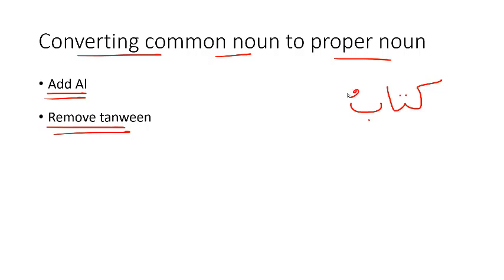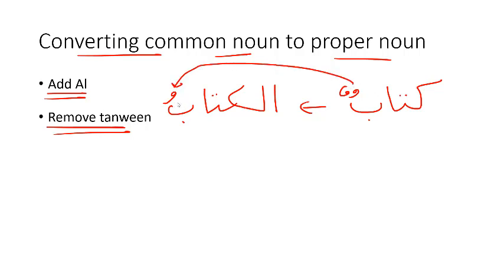Kitabun is a common noun. This refers to a book or any book. If I want to refer to a specific book, then I'll add al in the beginning and then I'll say al kitabu. So notice the tanween has been reduced simply to a dhamma.